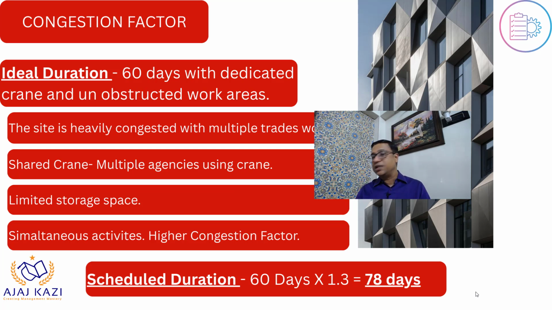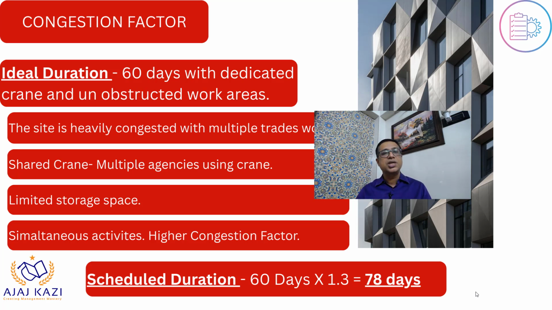However, the site is heavily congested with multiple trades working, services people, interior people, everybody working inside. And for material movement, we have only one crane, so they have to share that crane. There's limited storage space, so you can't just dump the entire facade material there, so you have to manage this. And since there are simultaneous activities, the congestion factor could be more.